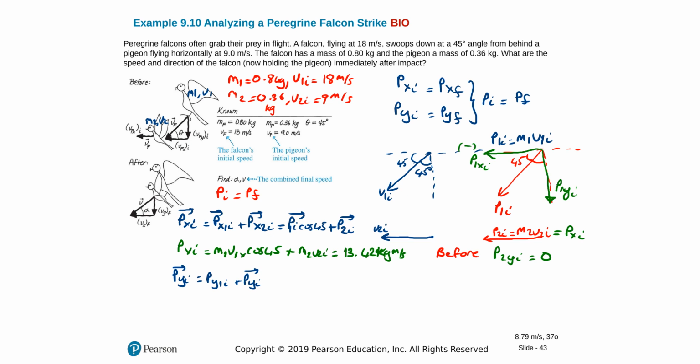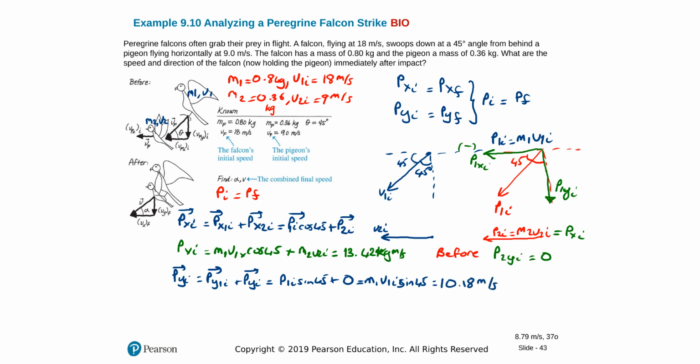Directions are important. That will be P1 initial sine 45 plus 0 because P2y initial is 0. So simply just the y component of P1 initial, M1 V1 initial sine 45.